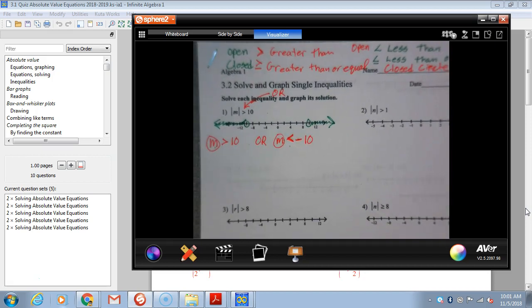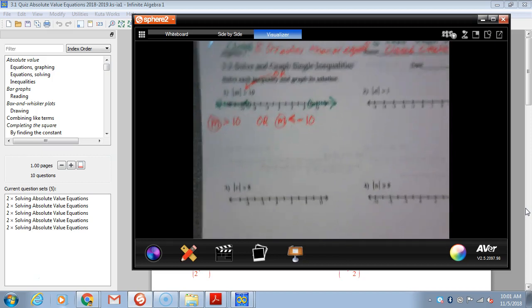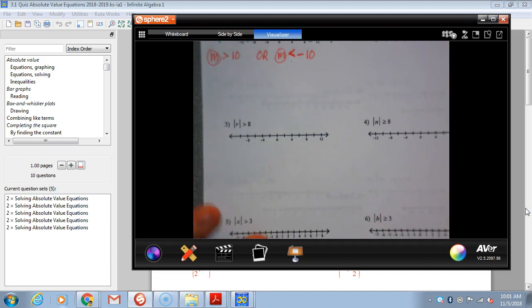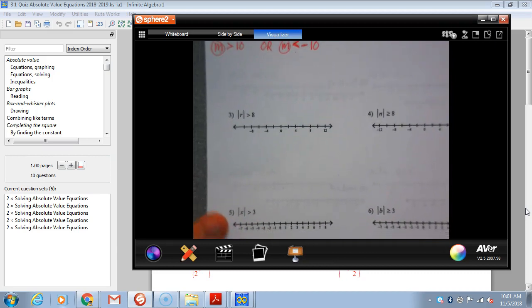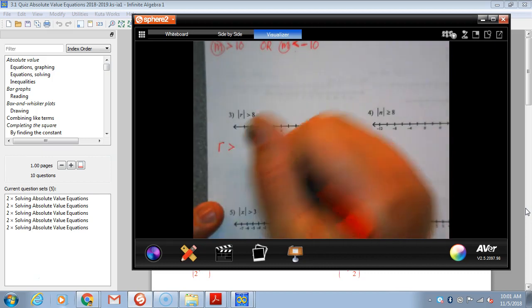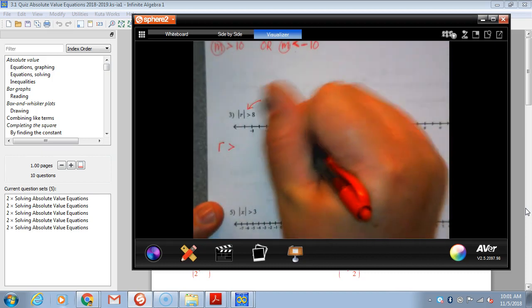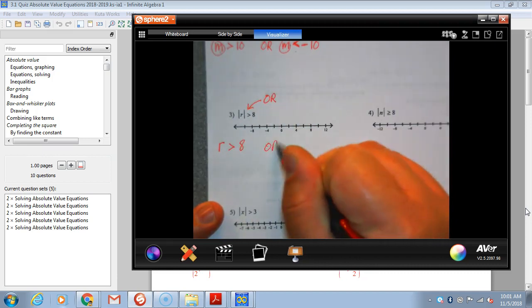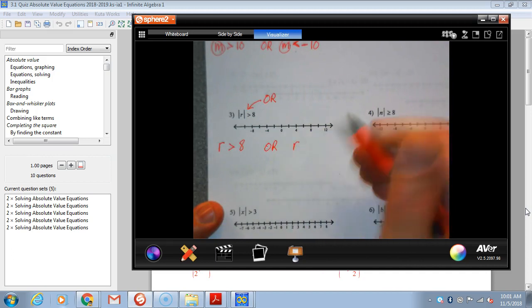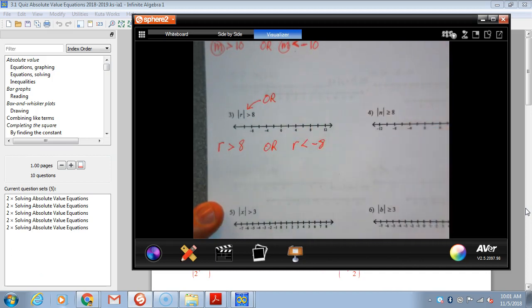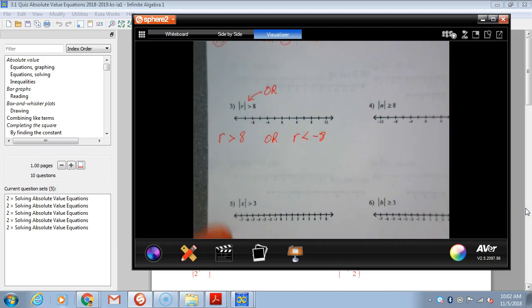All right, number 3. I have the absolute value of r is greater than 8. So I take r is greater than 8. It's a greater than, so it's an or problem. Or r is going to be less than negative 8. I have to flip the sign. And it's an open circle.